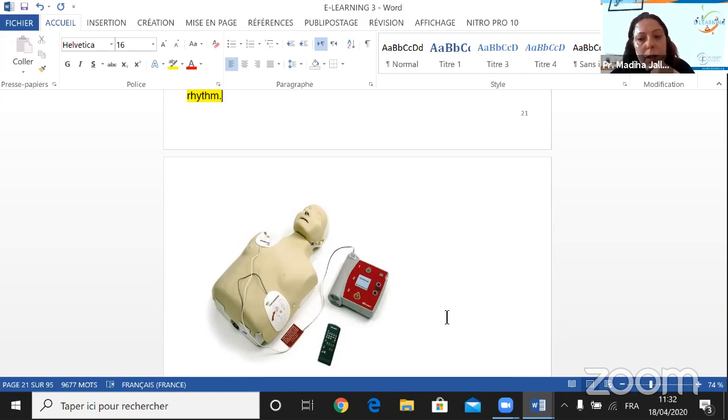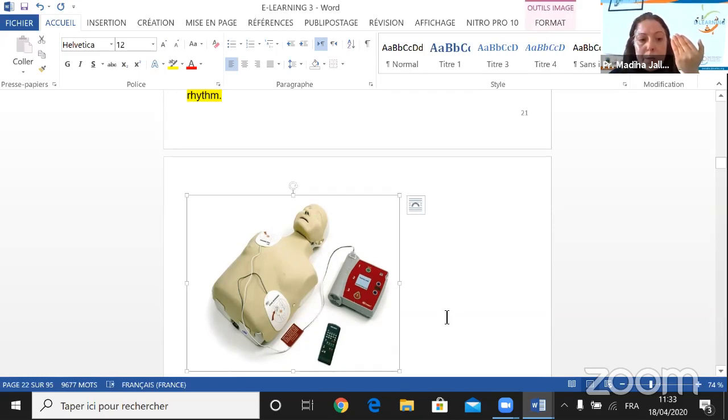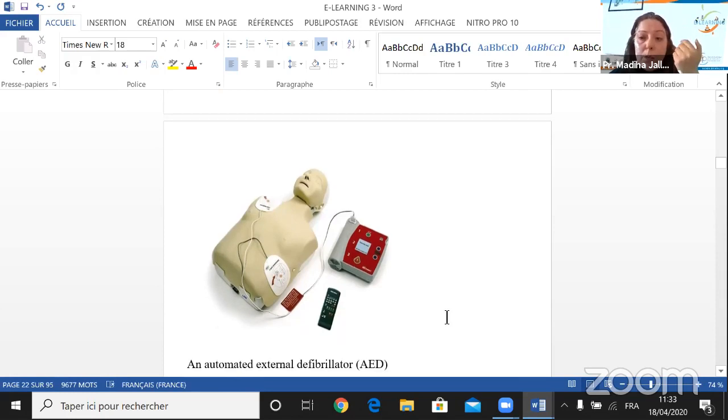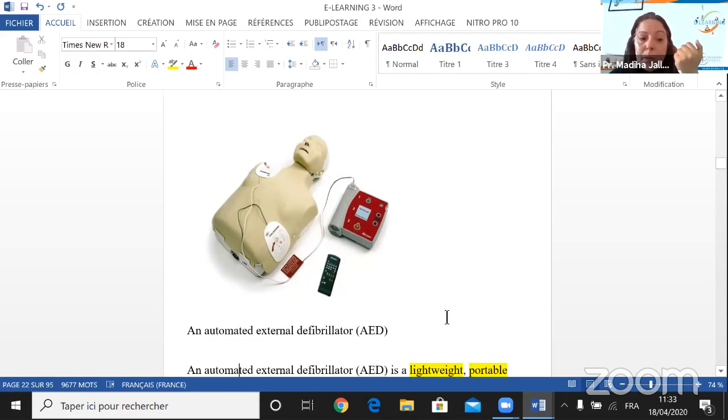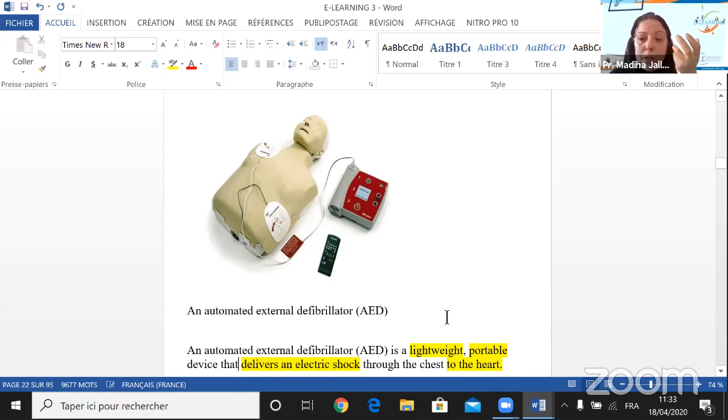But this defibrillator is usually used outside of the hospital because it is portable. It's a portable one, not the one used in hospitals. It is portable, and it is automatic. It works automatically. So you just learn how to use it, and it's okay. It is called an automated external defibrillator, or AED.